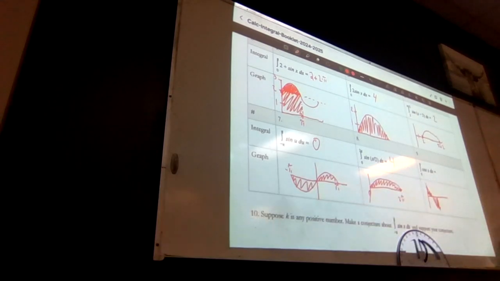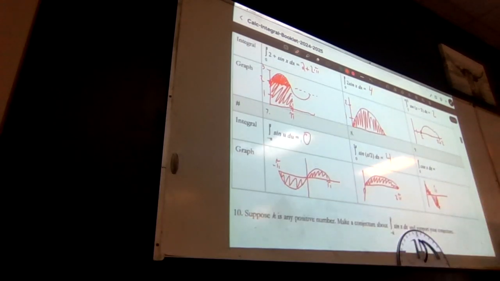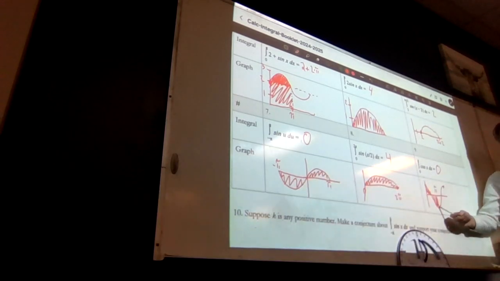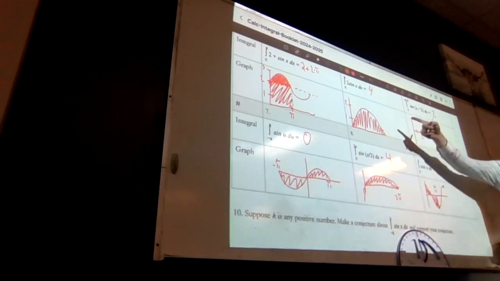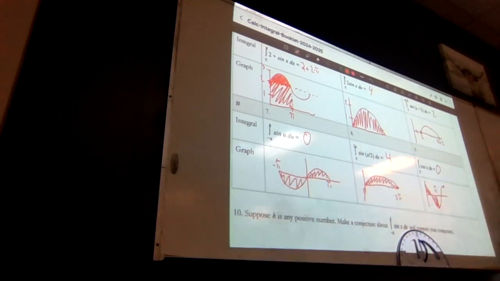It is going to be equal to 0. If you want to continue to graph it out, it looks like this. So this is only half of the graph. And notice we have this area here, this area here. These two, because of the same reason I was talking about the sine before, are going to be equal to the same thing.